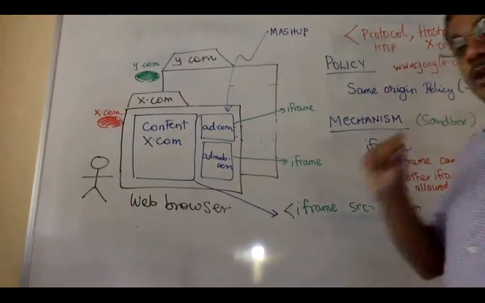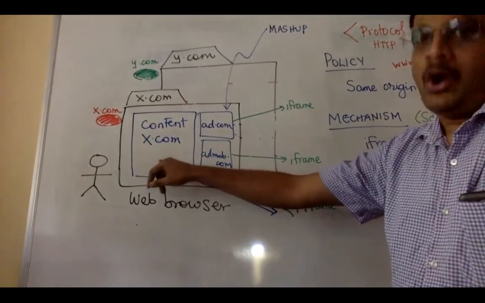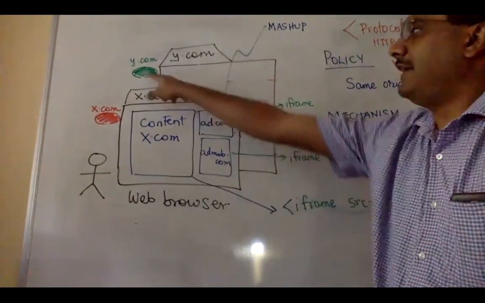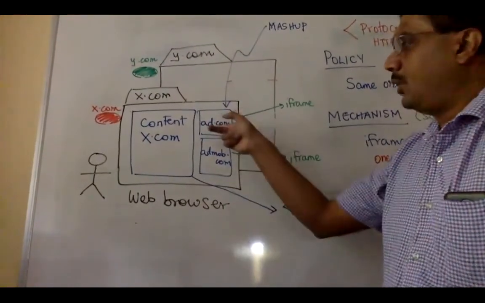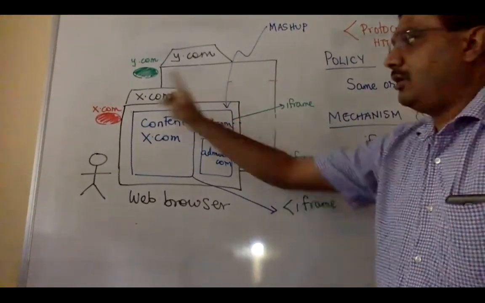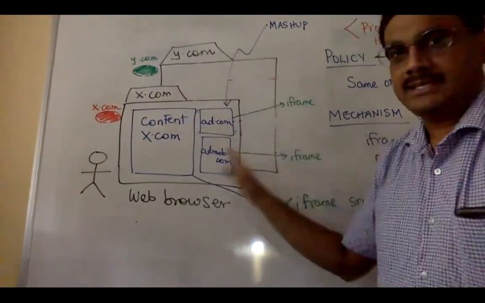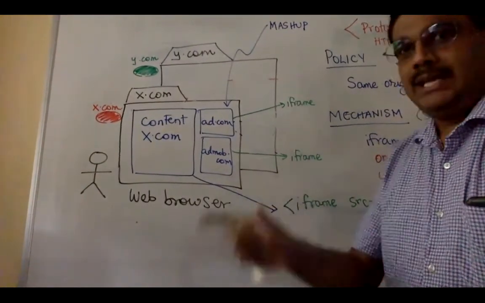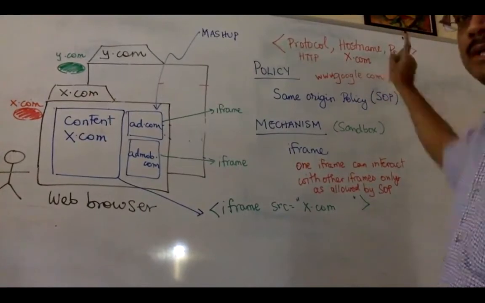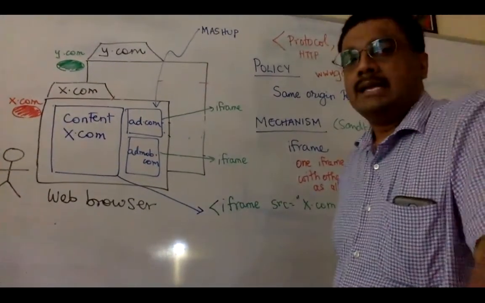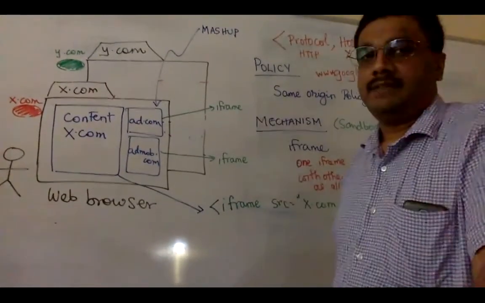So this automatically ensures that code from x.com cannot go and fetch y.com's cookie. It also ensures that code from ad.com cannot fetch x.com's cookie. So same tab, different tabs, doesn't matter. It's only the protocol, host name, and port that matter. And it's a combination of these three things that the same origin policy enforces.